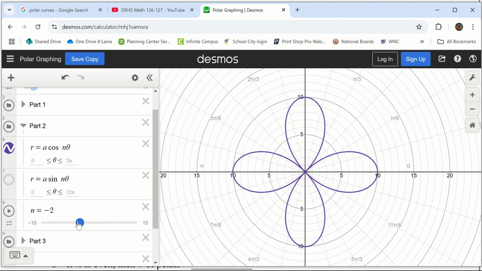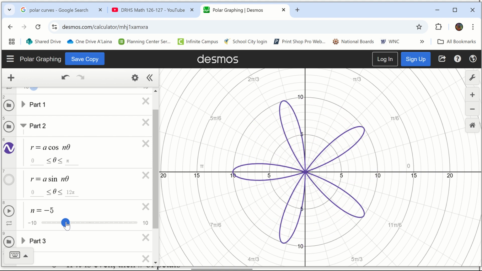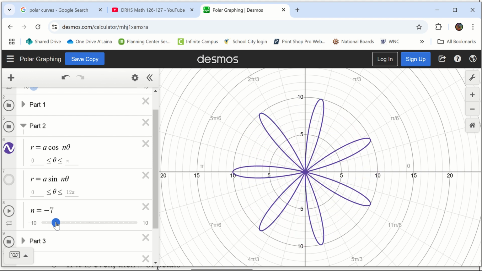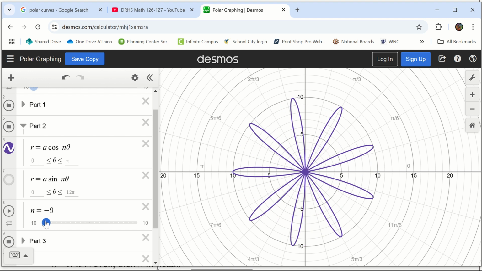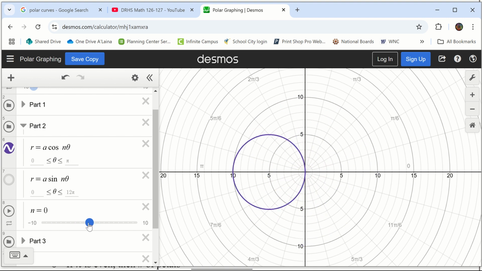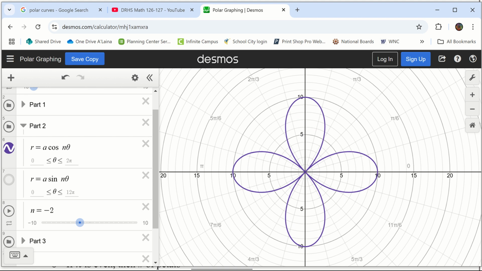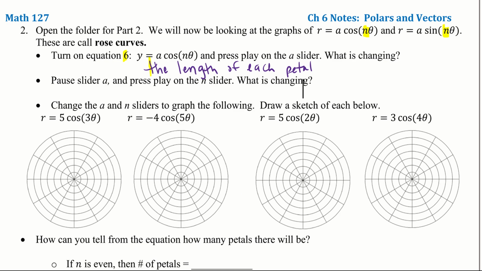Even if we had a negative number for N, we will always have at least one petal along the x-axis. Often we'll have 2. All right, so let's see if we can put some of that down on paper. So N changes the number of petals.